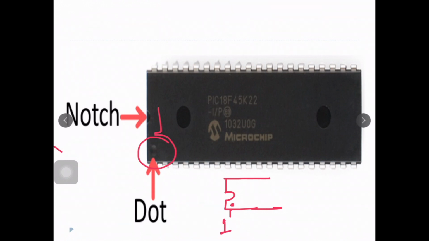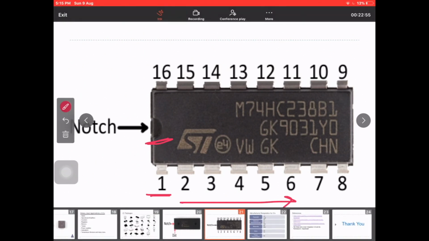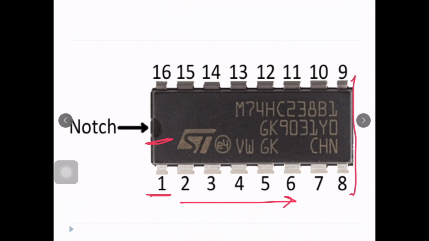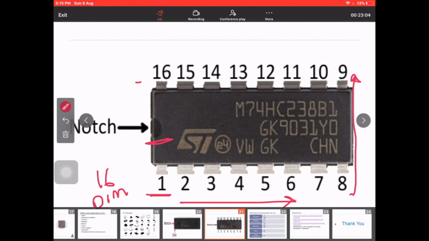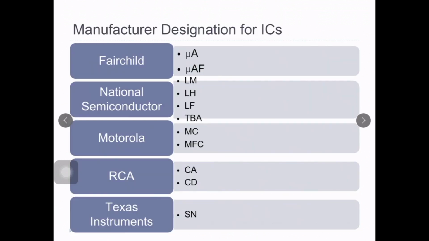The notch is placed means this is the first pin, and the other pins are read like this. This is the notch and this is the first pin, and then moving along this side 1 to 8, and then from the other side reading from 9 to 16. So in this picture, this is a 16 pin IC. All the ICs' pins are read like this.